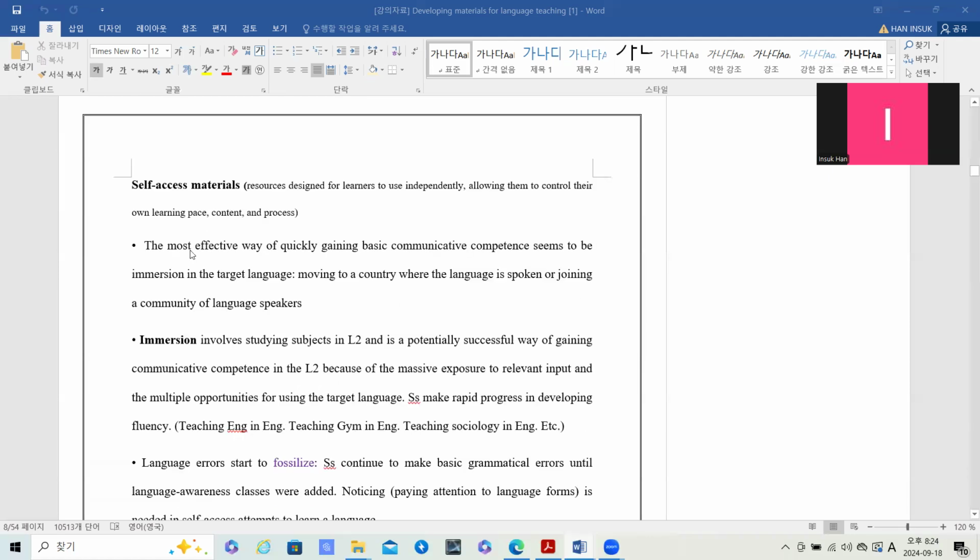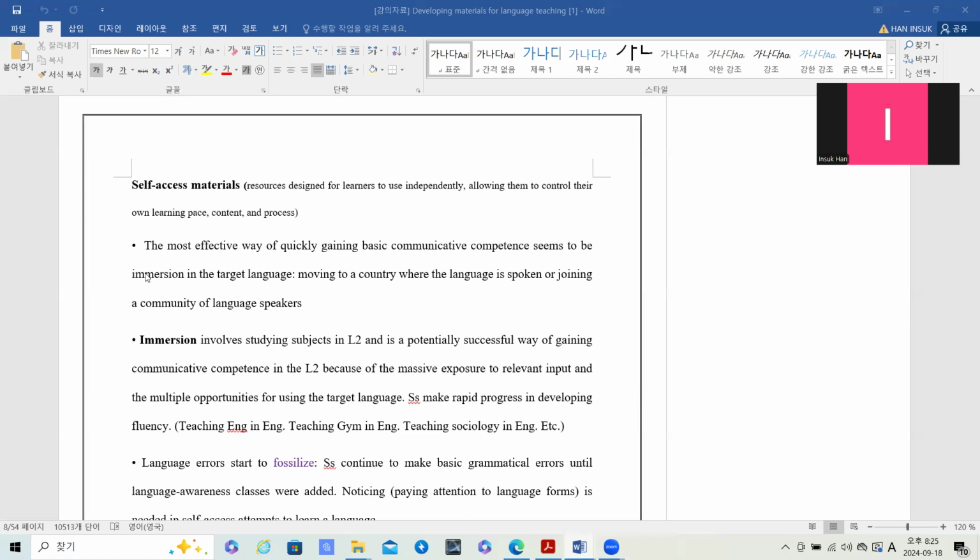The most effective way of quickly gaining basic communicative competence seems to be immersion in the target language, that is, moving to a country where the language is spoken, or joining a community of language speakers. So self-access material does not only mean using some books or papers or course books. The material concept is very, very broad.